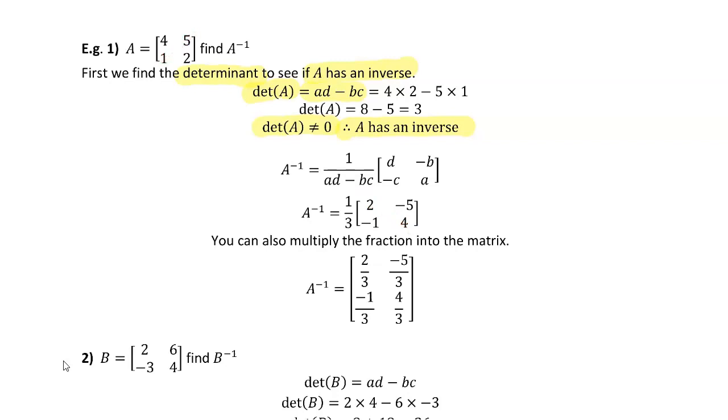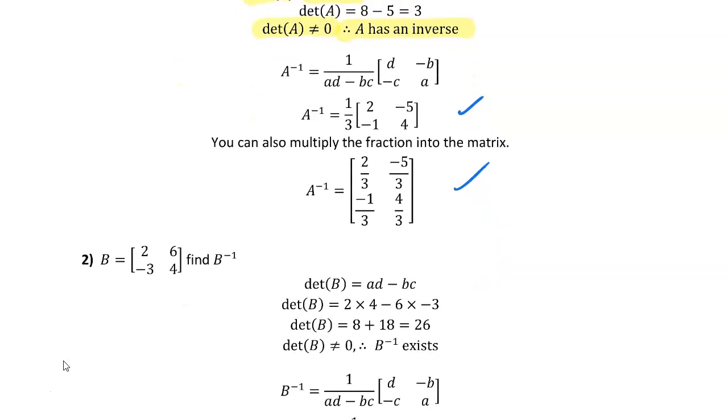And that diagonal, we times those numbers by -1. So 5 times -1 is -5. And 1 times -1 is -1. Okay, I can leave it like that, or I can multiply the fraction into the matrix. So 2 over 3, negative 1 on 3, negative 5 on 3, or 4 on 3. Okay, so both of those are correct.